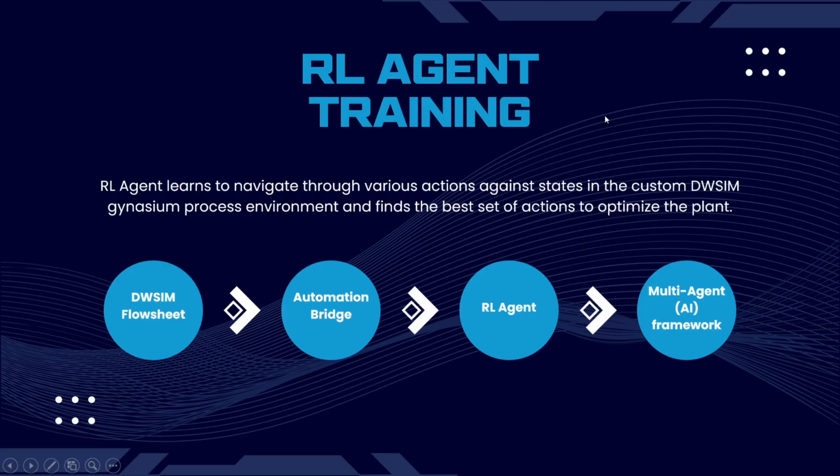So how the training works, how in fact the whole architecture works. The DWSIM flow sheet, like I was telling earlier, works as a custom gymnasium environment. Scholars who have already worked with reinforcement learning know that most RL agents work within either custom gymnasium environments or environments which are already there in the standard gymnasium library of Python.